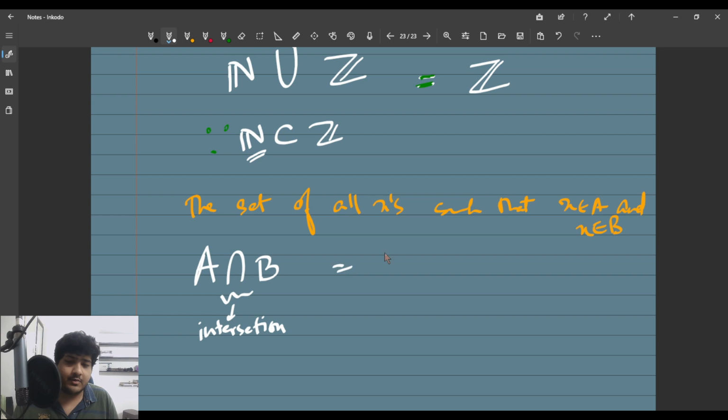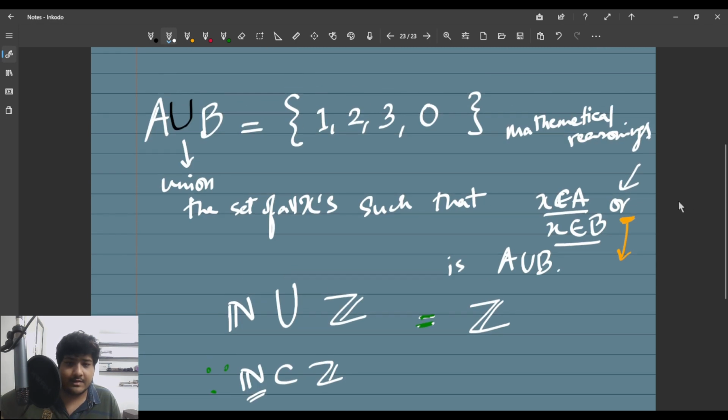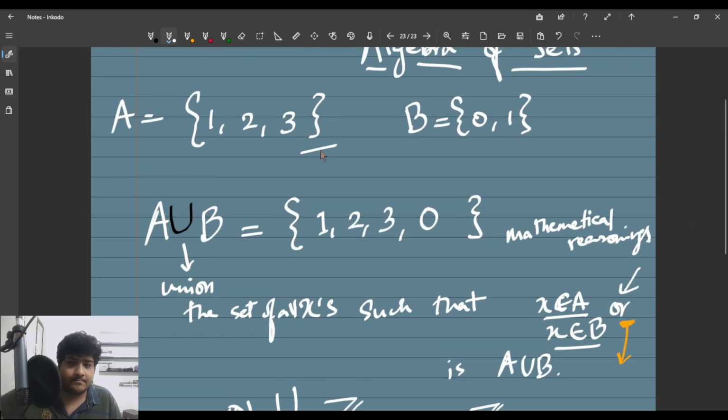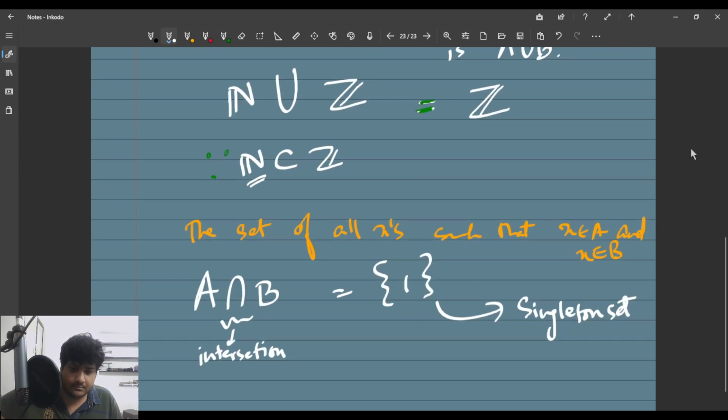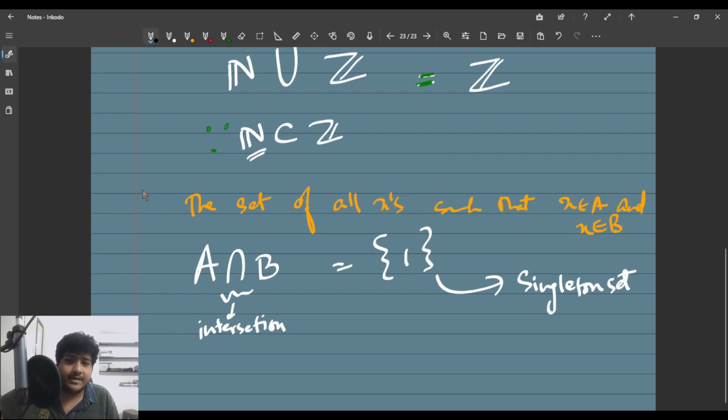A intersection B would be just the element 1. It will be a singleton if you want to be fancy. Singleton set 1 if these sets are given this way, because 1 is the only common element we have. So this is intersection.